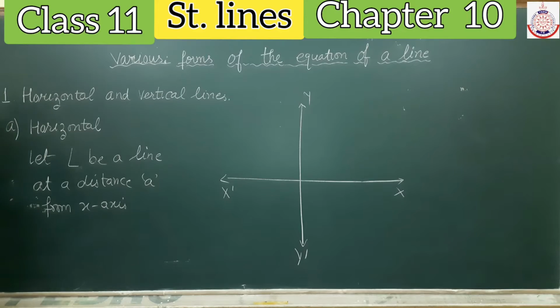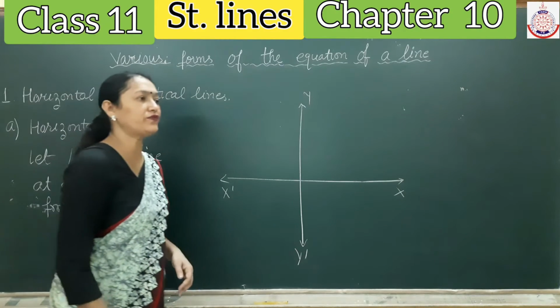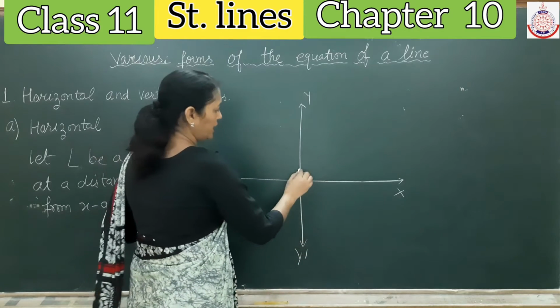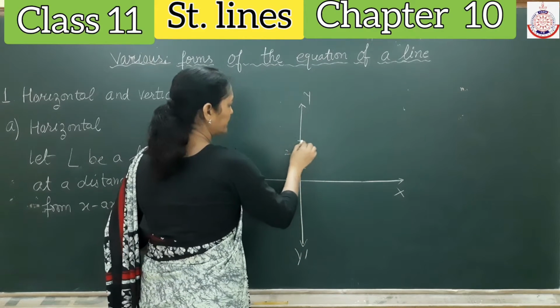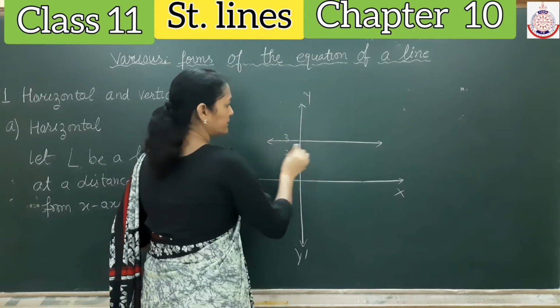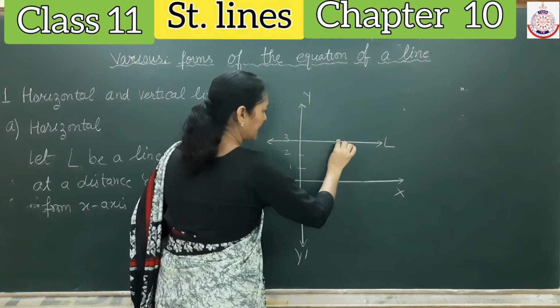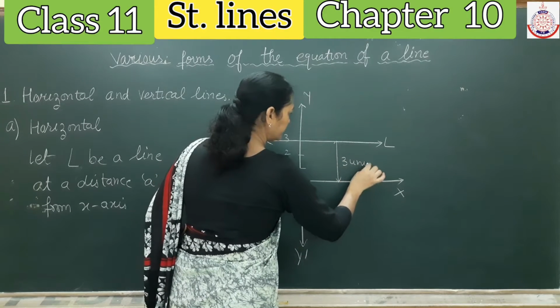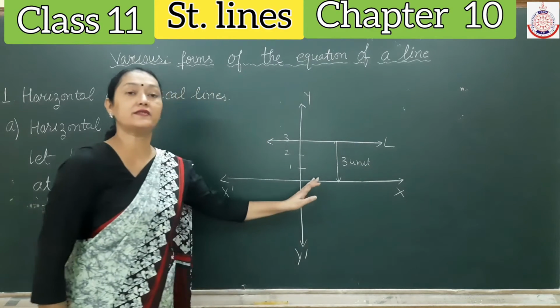For example, if I say draw a line at a distance of 3 units from x-axis, what can you do? You can draw a line here. This line is at a distance of 3 units from x-axis.